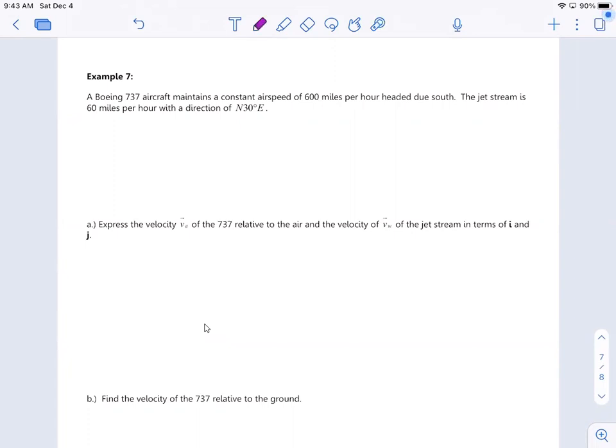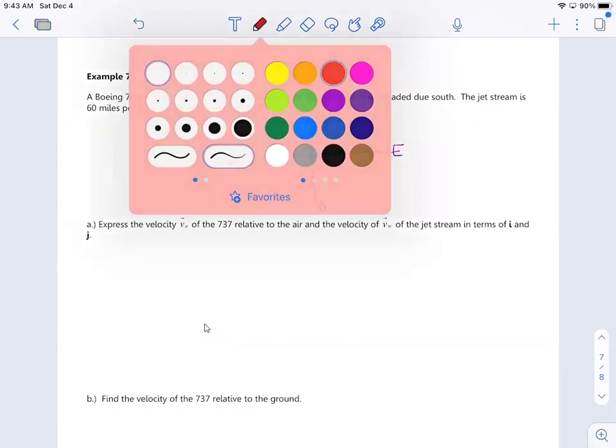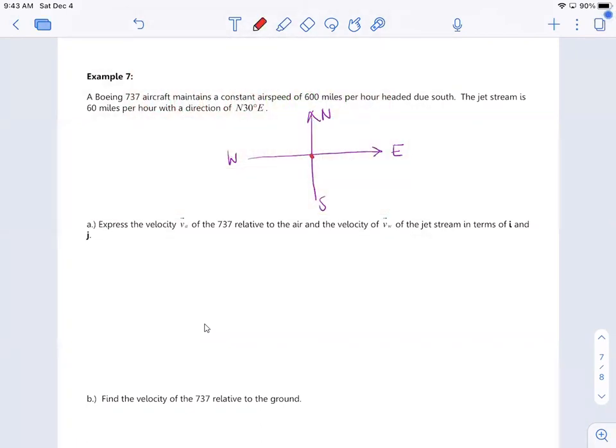So again, good old diagrams are our best friend. So with bearing, this is north, south, west, east. Okay, well, I have this aircraft. I'm going to give myself red. It's headed due south.